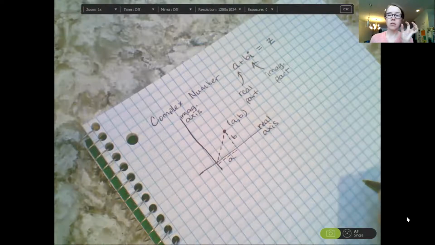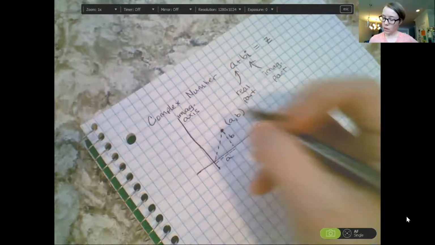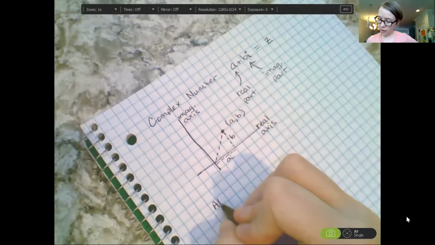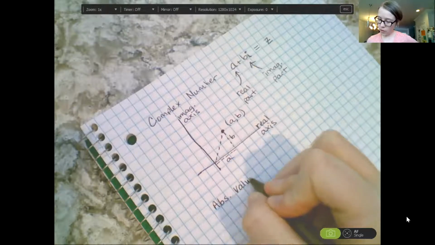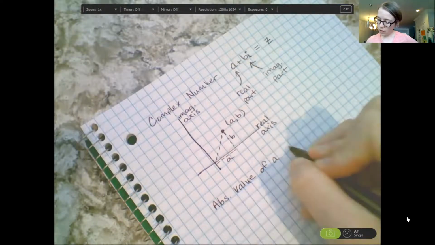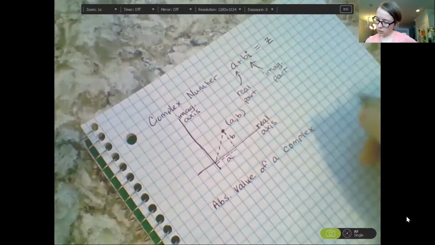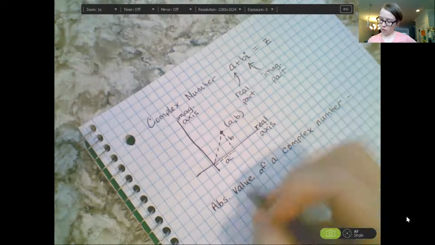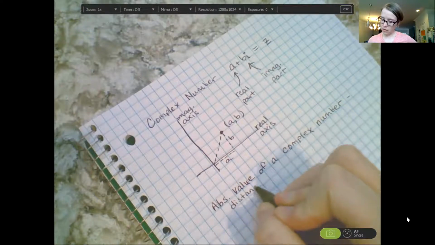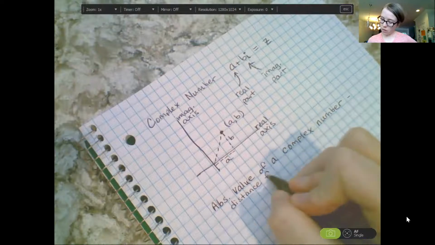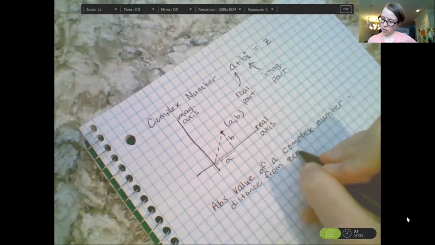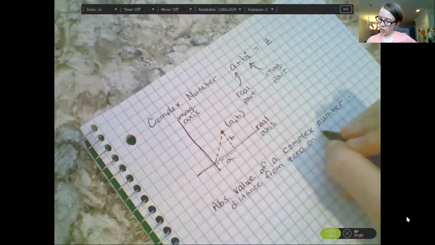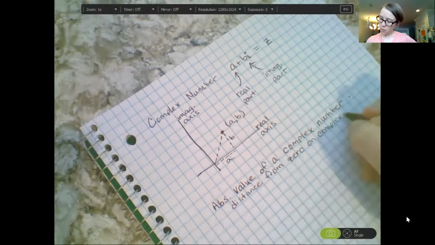But in complex terms, that's called the absolute value of a complex number. So the absolute value of a complex number is the distance from 0 on the complex plane.